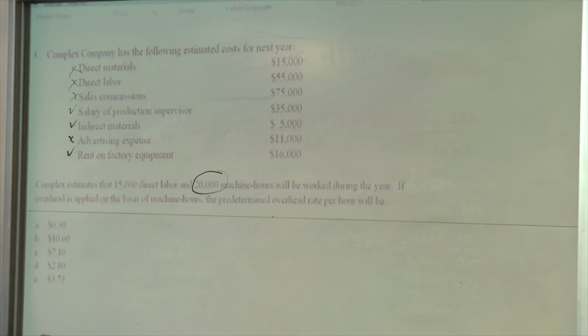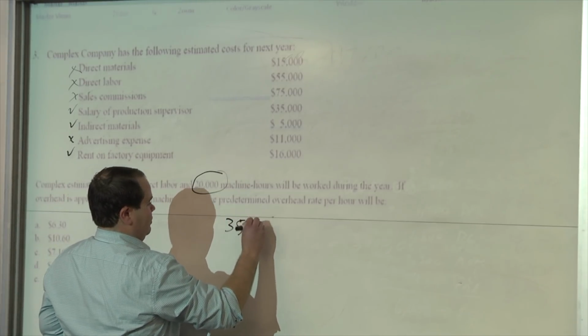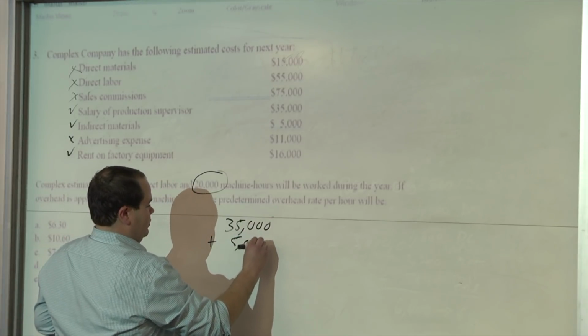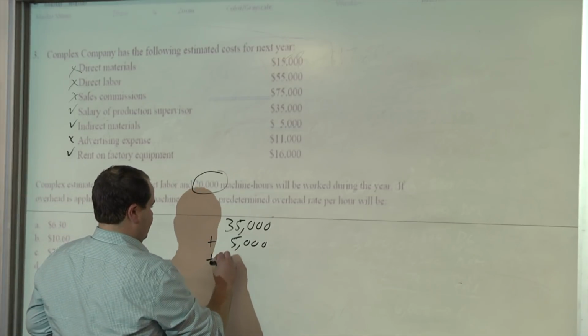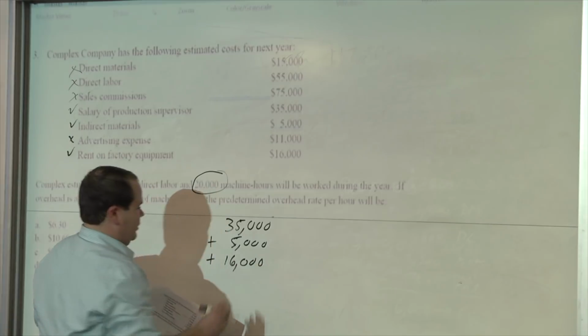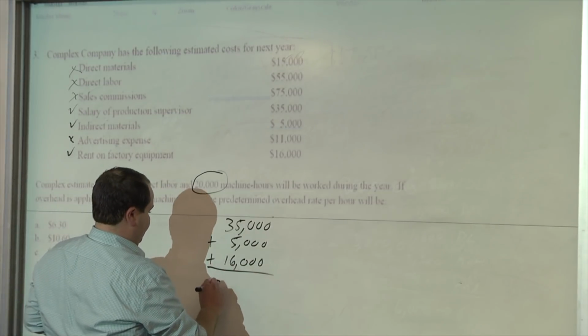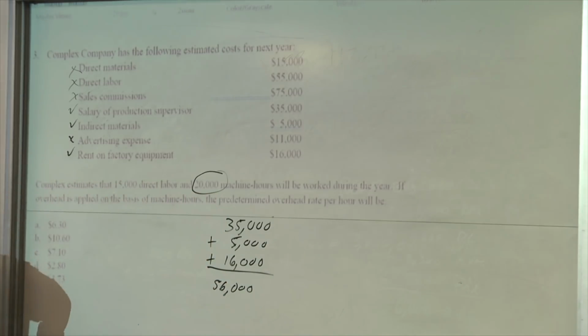If we take those numbers, we end up with 35,000 plus 5,000 plus 16,000. So we just took those three numbers out. This is our estimated overhead: 56,000 at the beginning of the year. That's what they estimated for overhead.